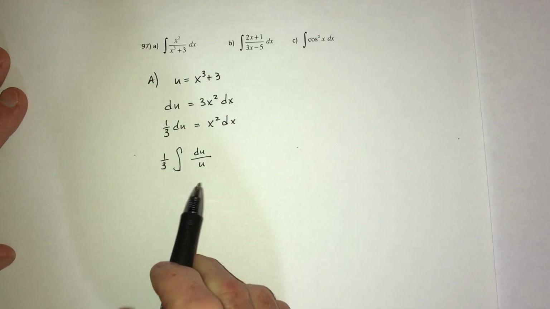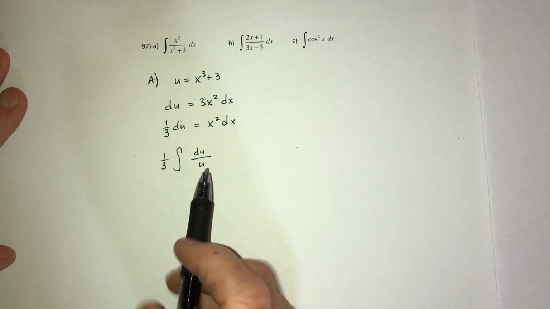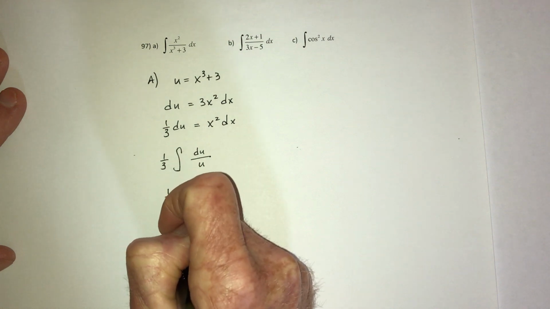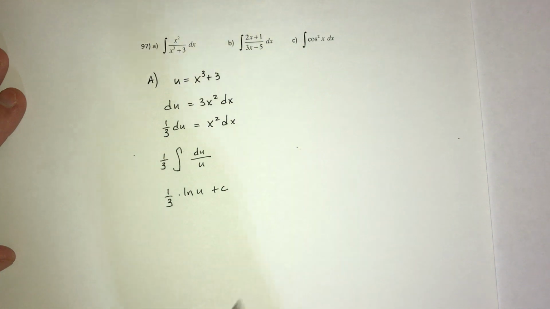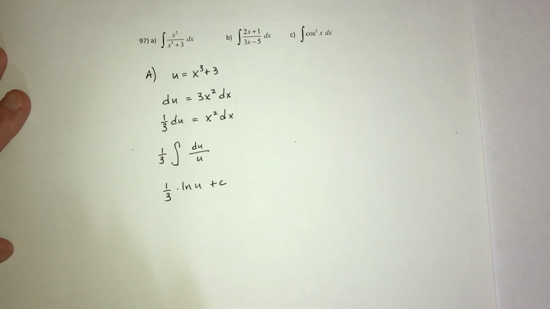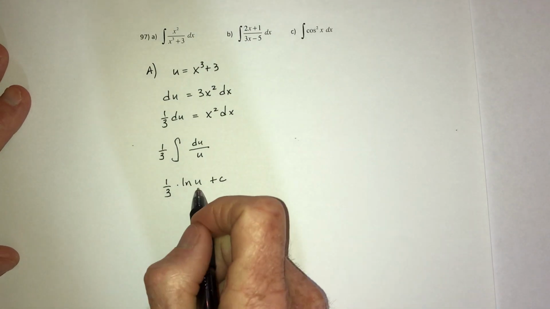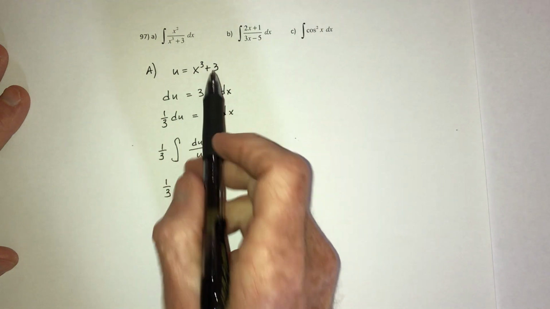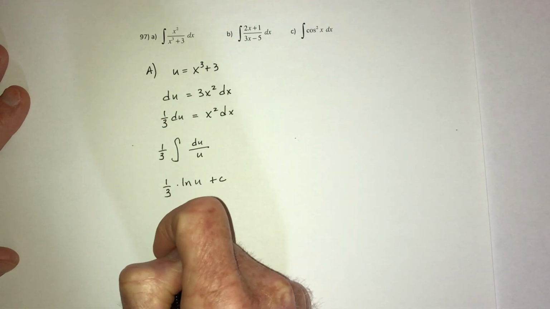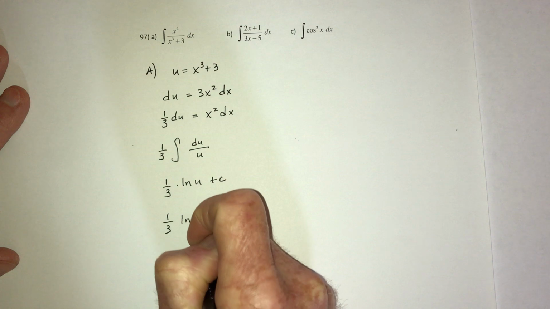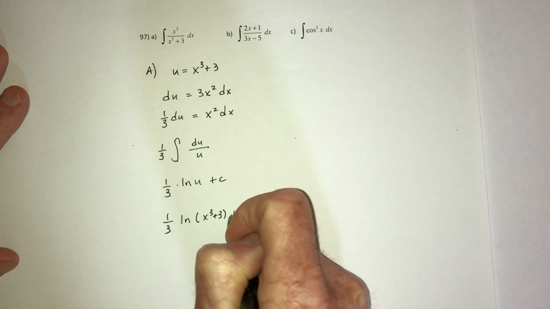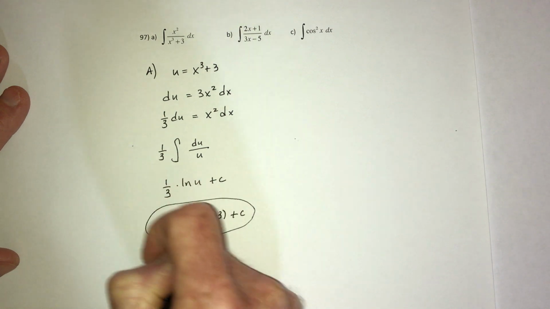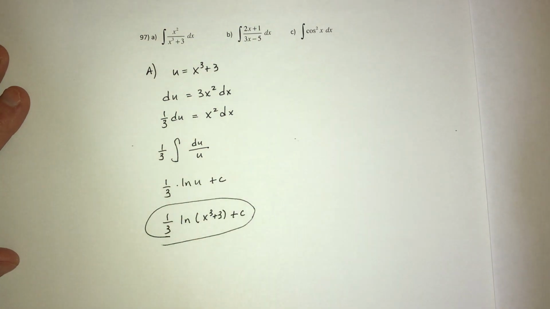Then find the antiderivative. Since this is 1 over u, the antiderivative is natural log. Don't forget about the plus c. And finally, replace the u with the x cubed plus 3. So the final answer is 1/3 the natural log of x cubed plus 3, and then plus constant c.